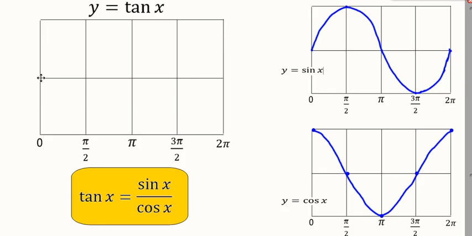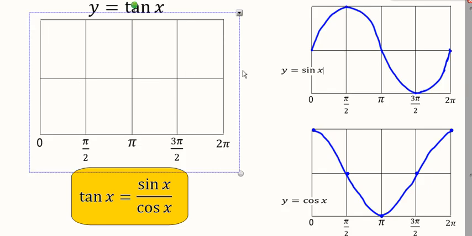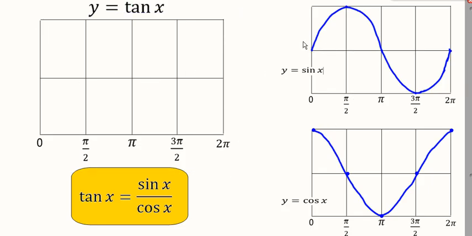So let's start by looking at the 5 key points in one period of sine and cosine. So 0, pi over 2, pi, 3 pi over 2, and 2 pi. And let's see what happens if we use sine and cosine in this formula to calculate tan. So first, at x equals 0, sine is 0 and cosine is 1. So 0 divided by 1, well, that would be a 0.